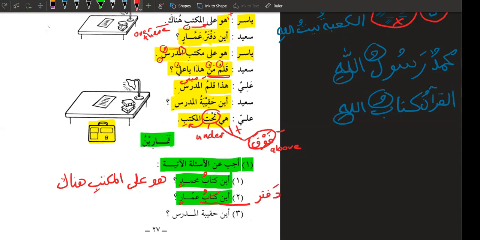So you cross this out and write Aina daftaru Ammarin, because here it doesn't mention a kitab for Ammar. For some reason, even in the new prints, they still have the same old errors. So it's Aina daftaru Ammarin. Naam. Okay.